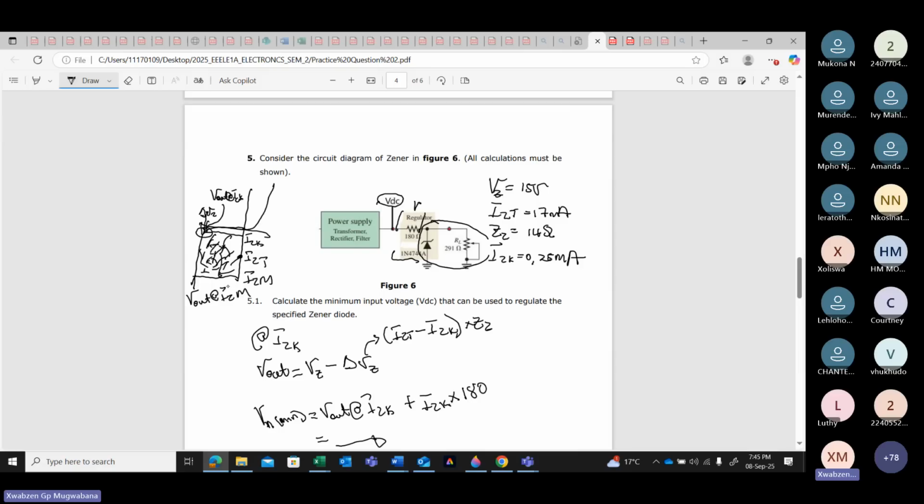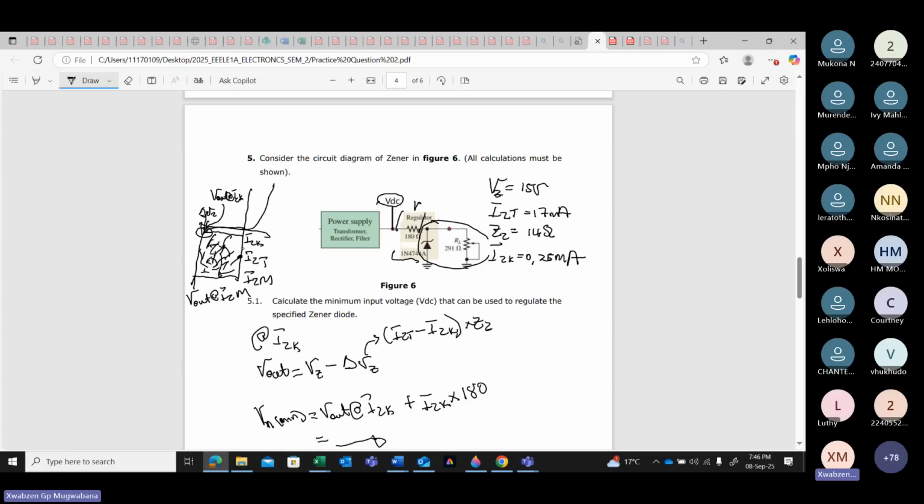What is that point of reference? IZT. Does IZT change? No. This one will give you the limit upwards, and this one will give you the limit downwards, which means your operation works within this point, your IZT.